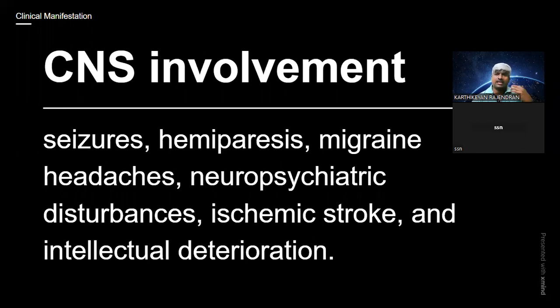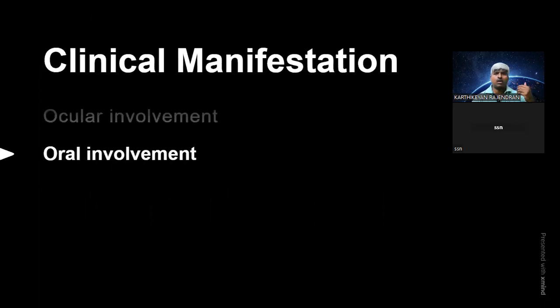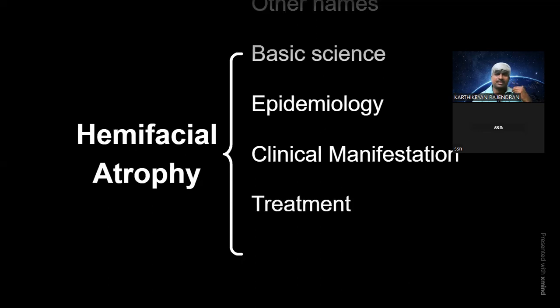Those are the two main presenting symptoms of the patients. Most patients get treatment from a neurologist and are referred to plastic surgeons. There is also ocular involvement and oral involvement because of the facial atrophy and tongue involvement, and ocular involvement due to eyebrow and function loss, and all these clinical manifestations occur.